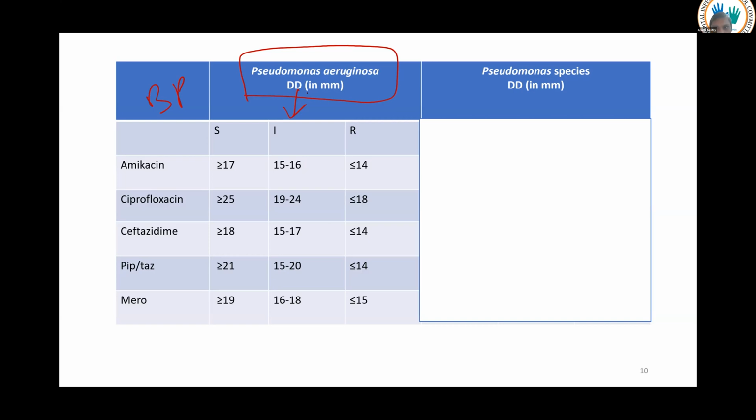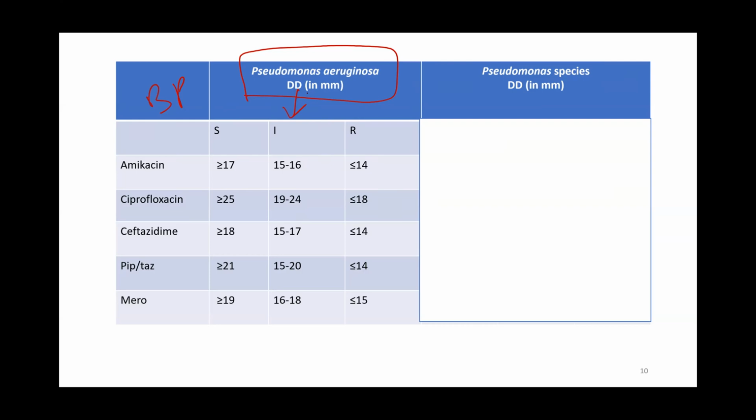Any postgraduate student, can you unmute yourself and tell what you usually do in your lab? What we usually do, especially for disk diffusion, is report Pseudomonas species based upon the Pseudomonas aeruginosa breakpoint.